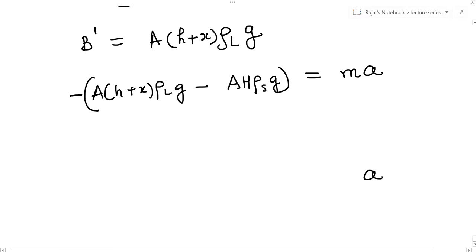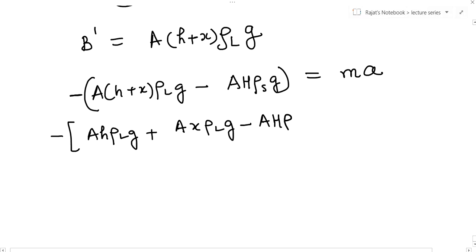Let me expand it. Minus A h rho L g plus A x rho L g minus A capital H rho S g is equal to A capital H rho S into a. This is the mass.